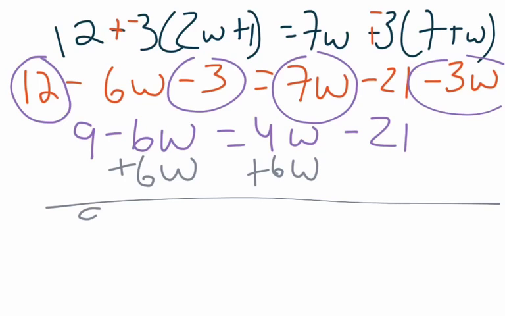Bring down that 9. We haven't done anything with that 9. Negative 6w plus 6w is 0. That's why it's gone. That's why it disappears. I don't really want you to write plus 0, but I do want you to understand the reason why it cancels out. 4w plus 6w is 10w. And now we have 9 equals 10w minus 21.